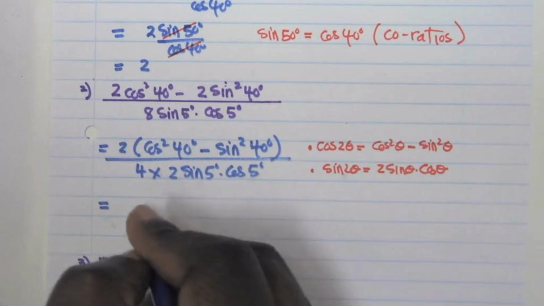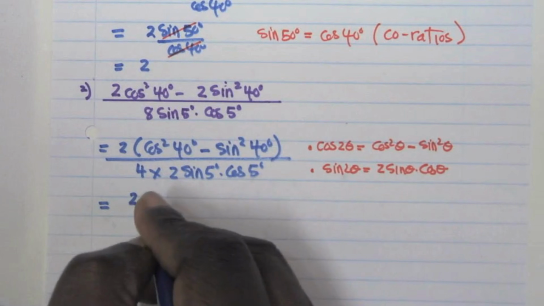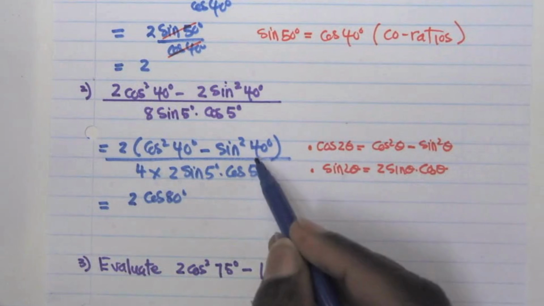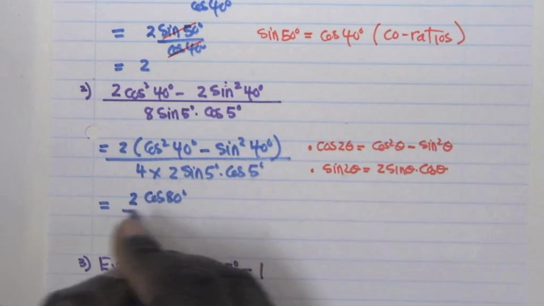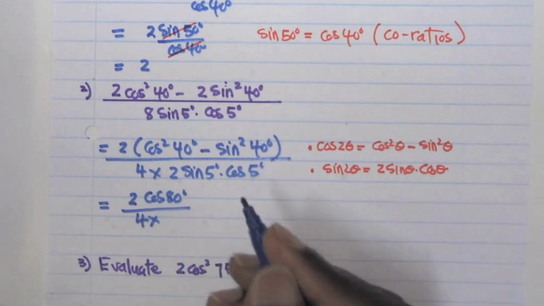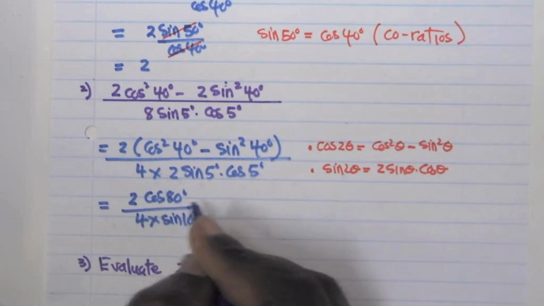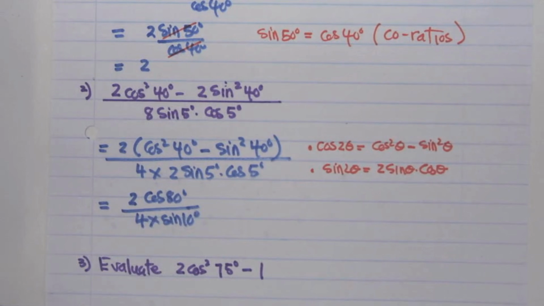And I'm going to get here 2 cos of 80 degrees when I double the 40, over 4 times sine of 10 degrees if I double the 5.